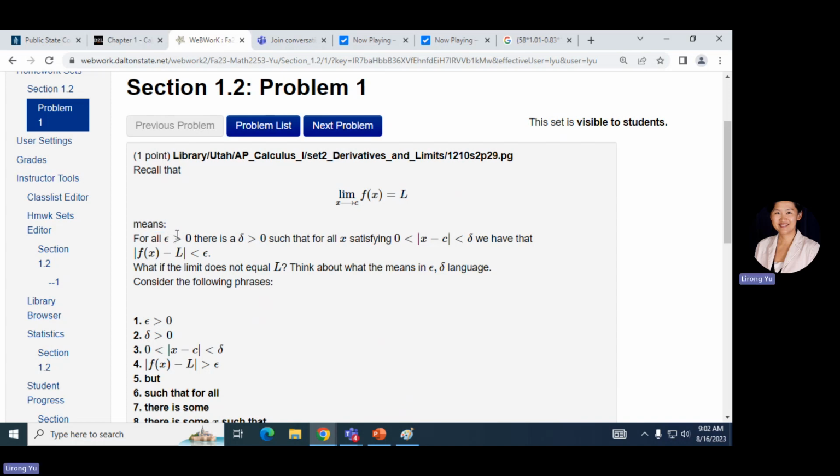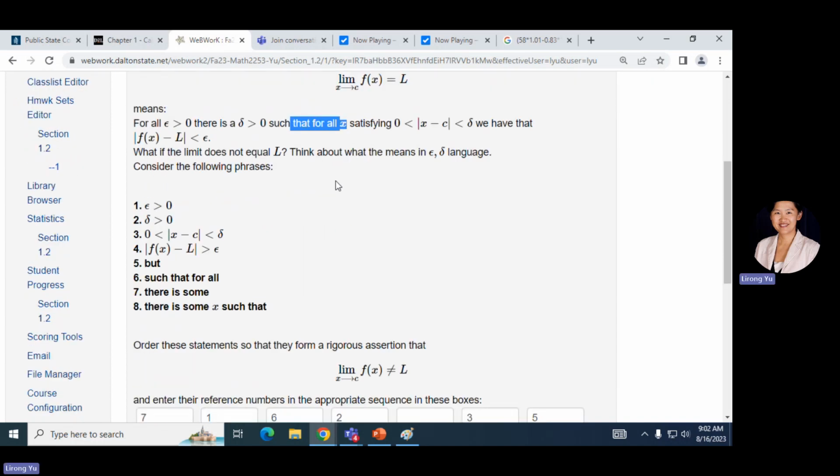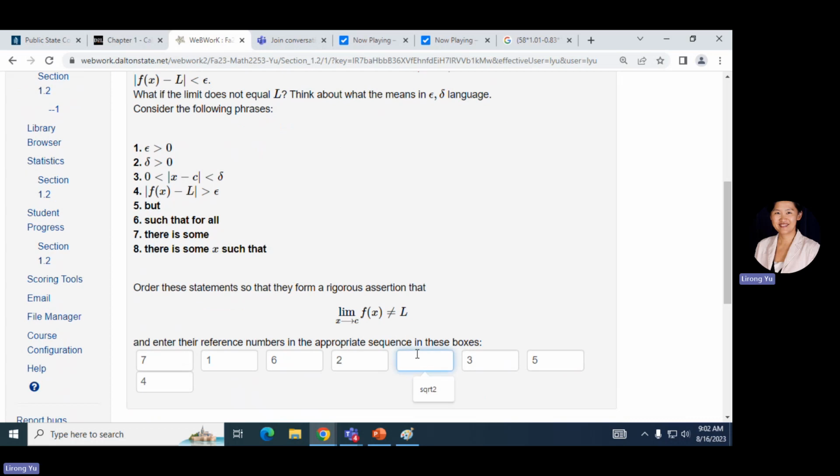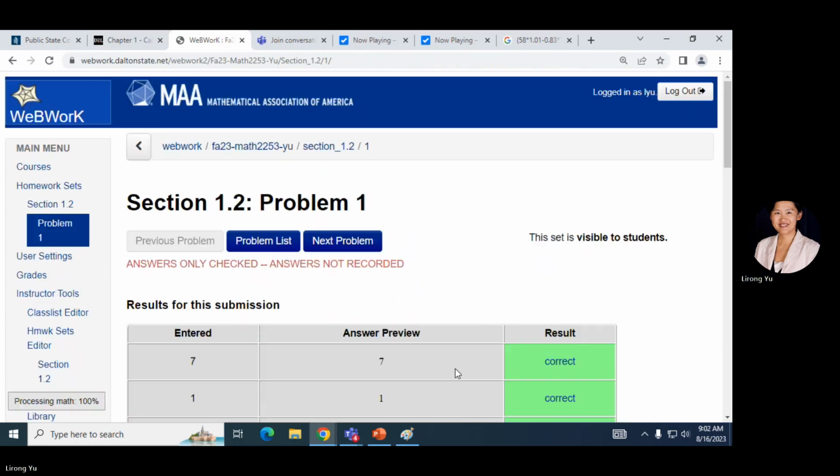So it's 1, 2, 3, 4, such that for all x. Instead of for all x, it should be there is some x. So number 8 should be entered here. And that should be it.